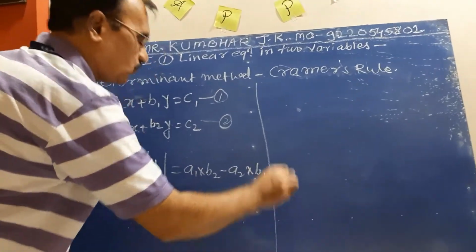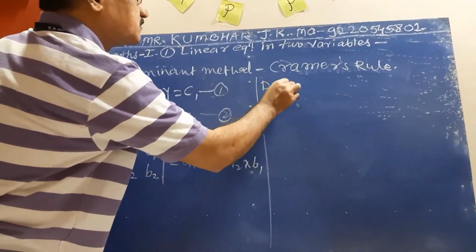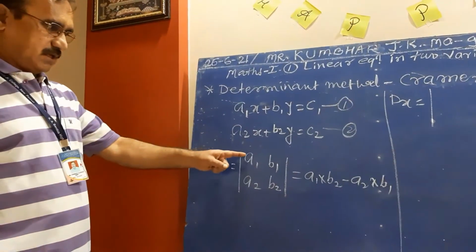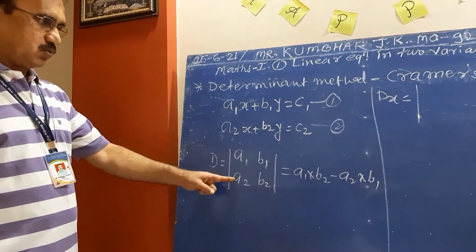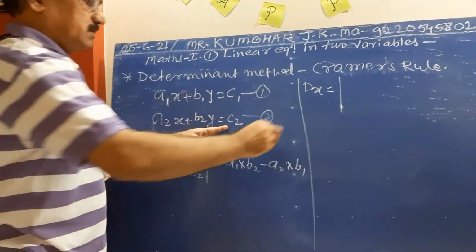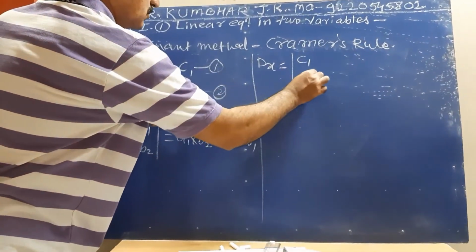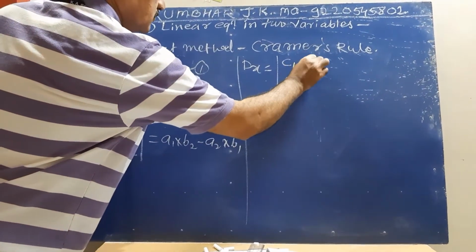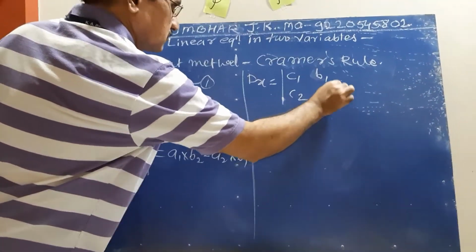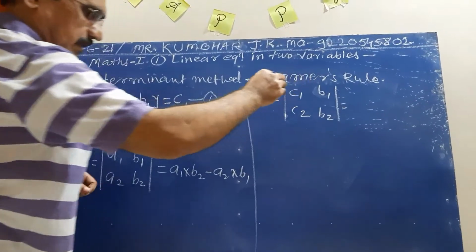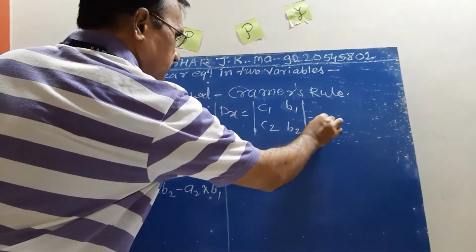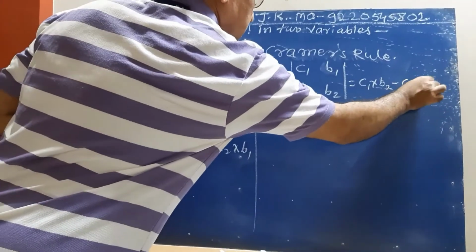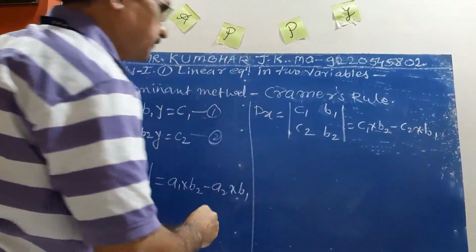Now we are going to find Dx. For finding Dx, here except a1, a2, write there c1, c2 and b1, b2 as it is. Again cross multiplication, c1 into b2 minus c2 into b1.